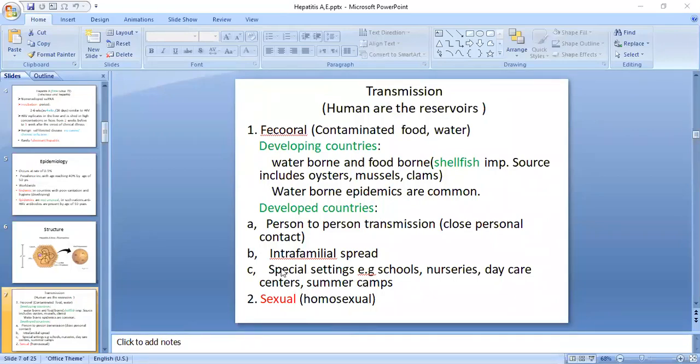In special settings like schools, nurseries, and daycare centers, it may be transmitted.